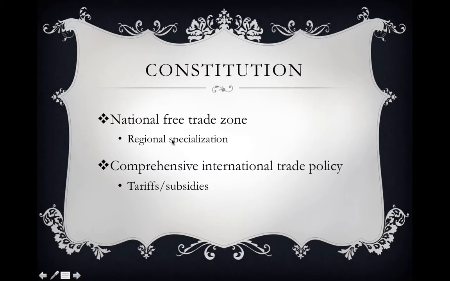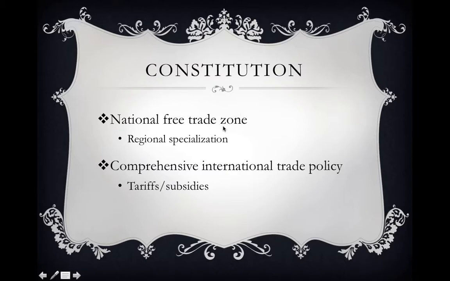So realize that when I talk about the National Free Trade Zone, make sure you realize this notion of regional specialization. That when you have a national free trade zone, what will end up happening? Each area will produce what it can produce at the lowest opportunity cost.